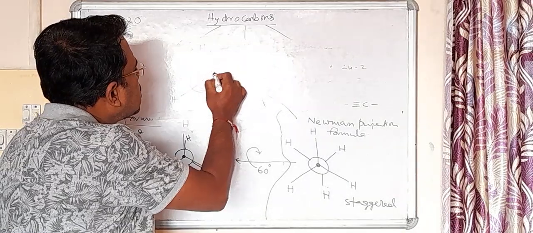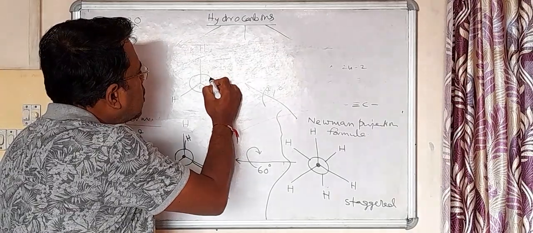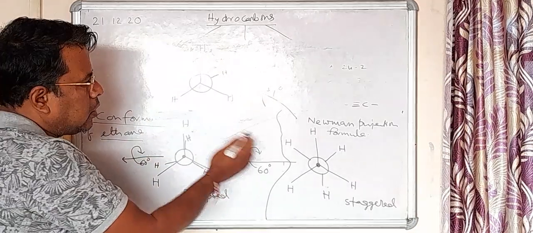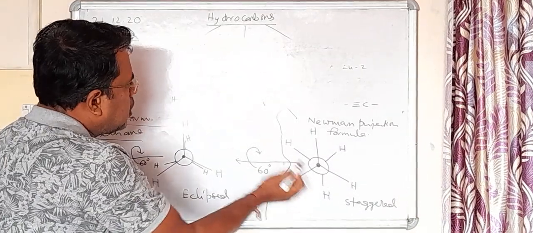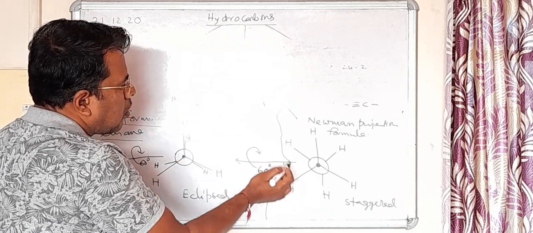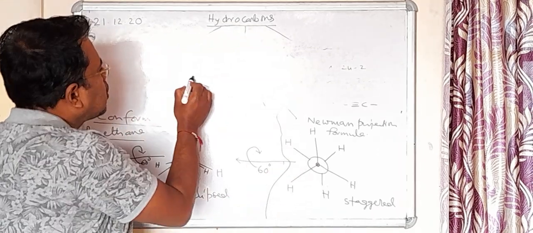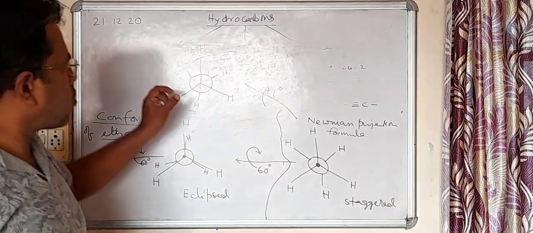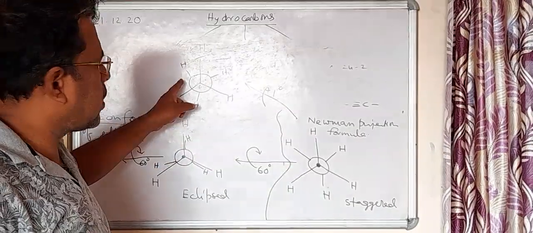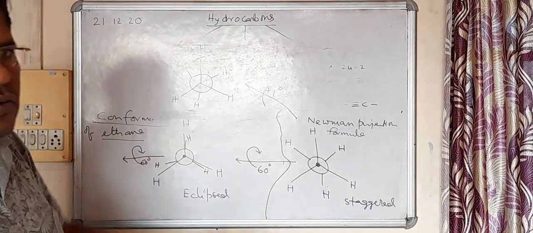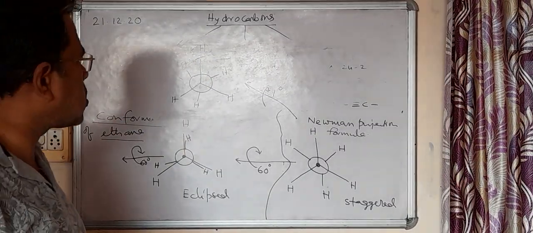Previously it was here, so maybe it will be here, just 1 degree. This one will be slightly here, this one will be slightly here. So on rotating by 1 degree, it becomes like this. So 1 degree, 2 degrees, so infinite forms will be possible.